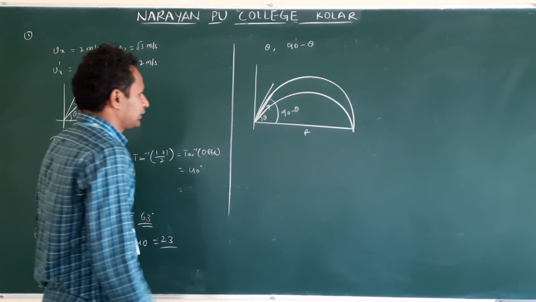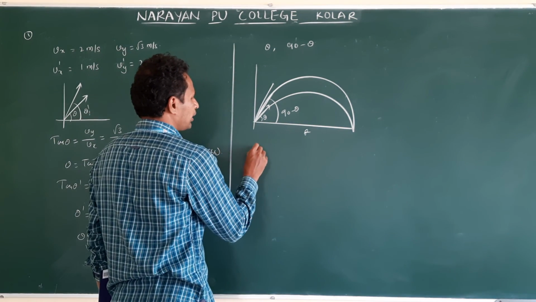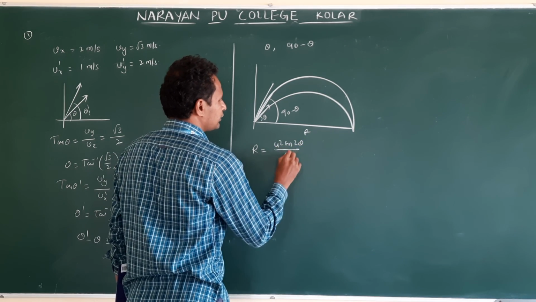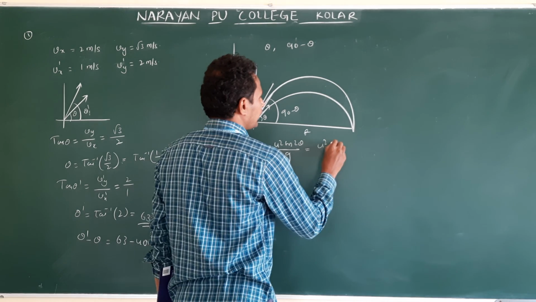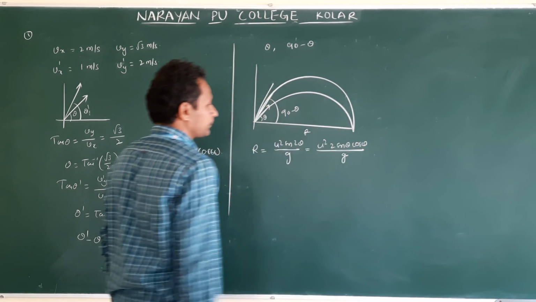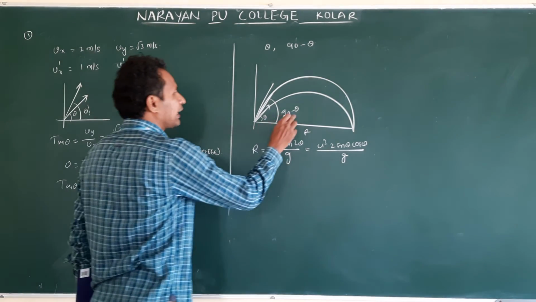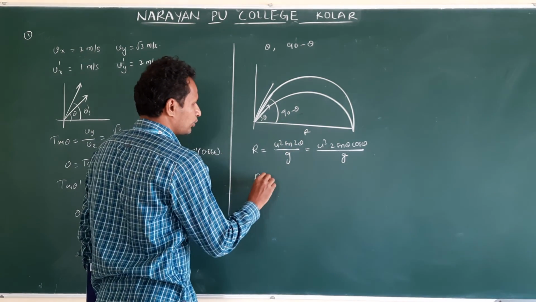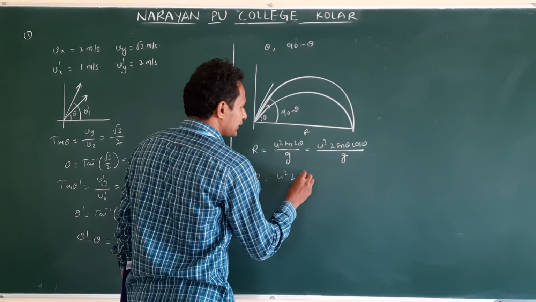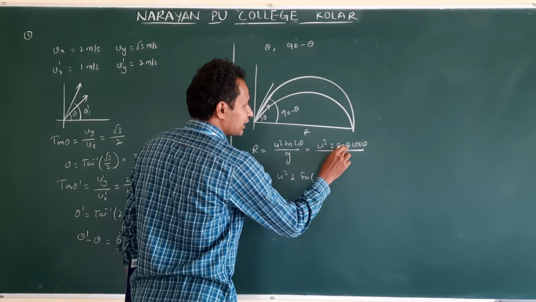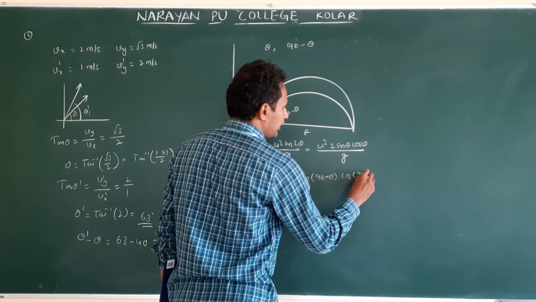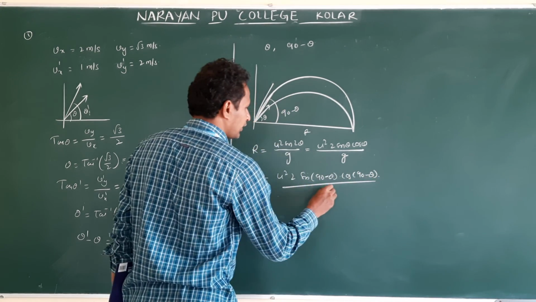Okay, now we will check. Suppose first with theta, what is the range formula? R is equal to u square sin 2 theta by g, or we can write u square 2 sin theta cos theta by g. Now I am taking another angle, 90 minus theta. Then R is equal to, you take this formula u square 2 sin theta cos theta by g, and instead of theta you take 90 minus theta: u square 2 sin 90 minus theta cos 90 minus theta by g.